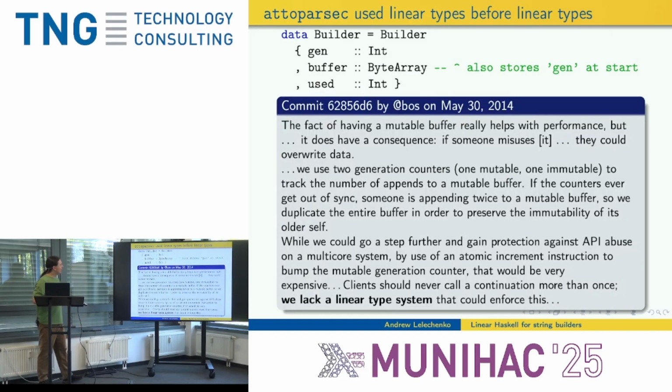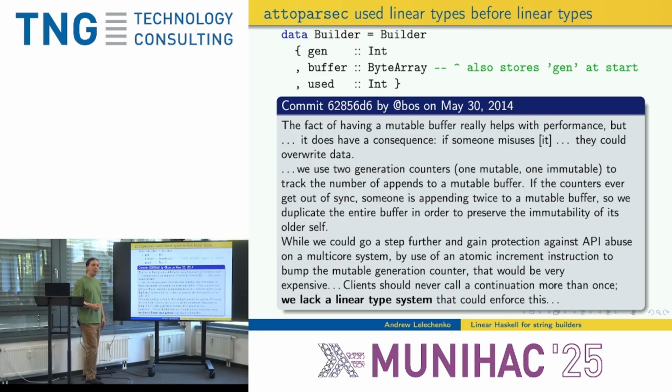So here is a commit by Bryan O'Sullivan 11 years ago. And that's basically how I got interested in linear types. He says we use two generation counters, one mutable inside this byte array and another one immutable here, which track basically how many times we have touched this array.